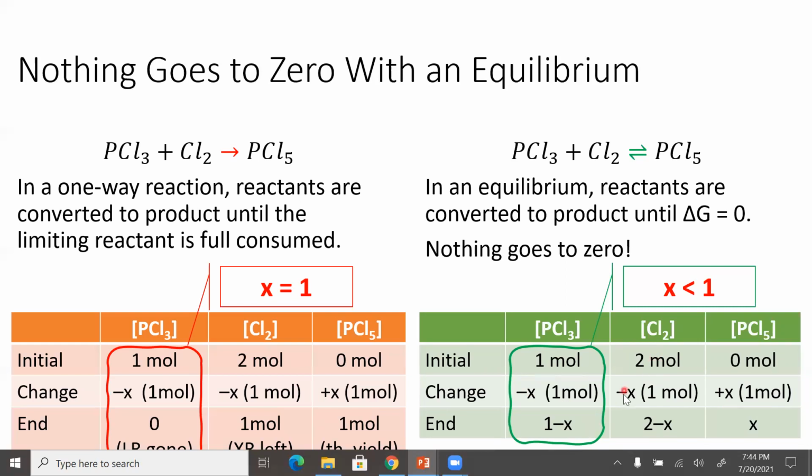We'll have 2 minus X for our chlorine at the end. And we'll have X of our PCl5 at the end. They're all reacting where X amount is being consumed and produced, but this time, because it's not going to completion, less than 1 of everything is being produced and consumed.